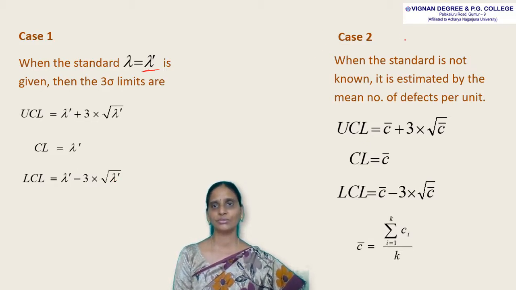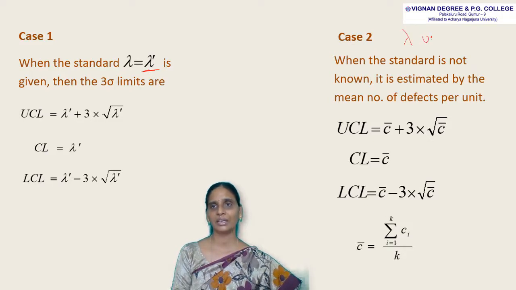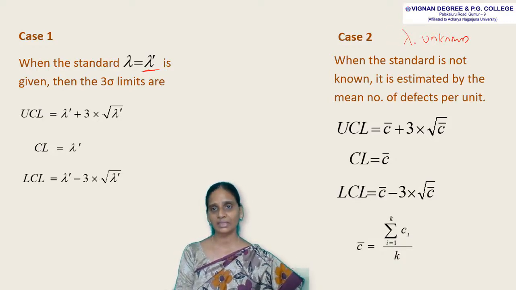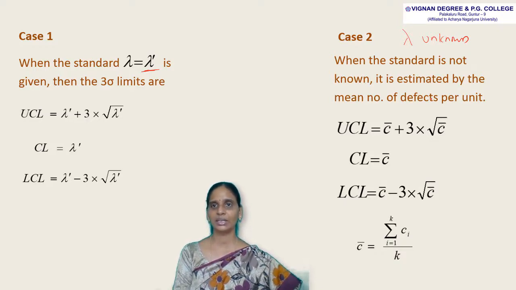And in case 2, the standard lambda is an unknown value. So this is not a given value. Then it is estimated by its unbiased estimator. So what is its unbiased estimator? Mean number of defects per unit is the unbiased estimator for lambda.